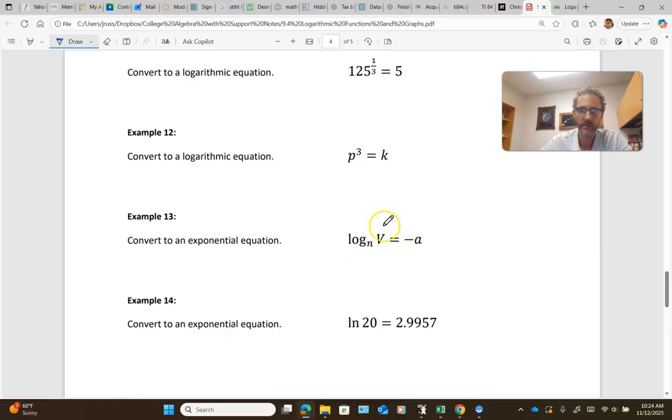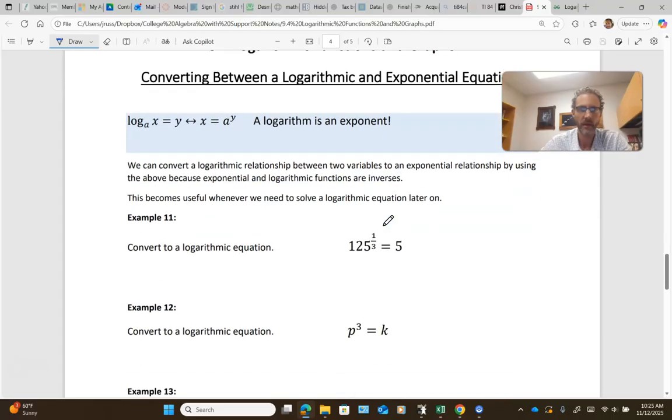Okay, so that's what we're going to do now. Well, the way I think about this, guys, when I'm starting out with an exponential equation, the base is going to stay the same. In fact, it's going to become the base of your logarithmic equation. So I go ahead and I just write out, well, this will be log base 125 of, and then you got to put something here for your argument, and then this will equal something, okay?